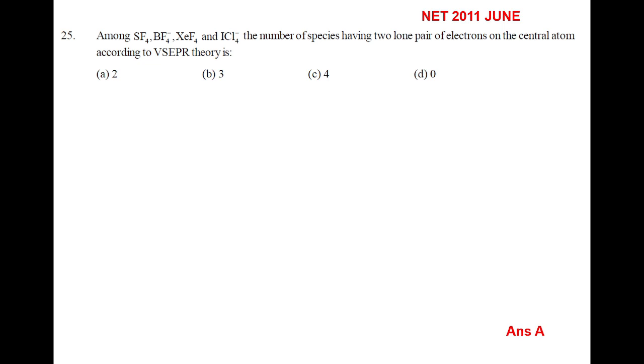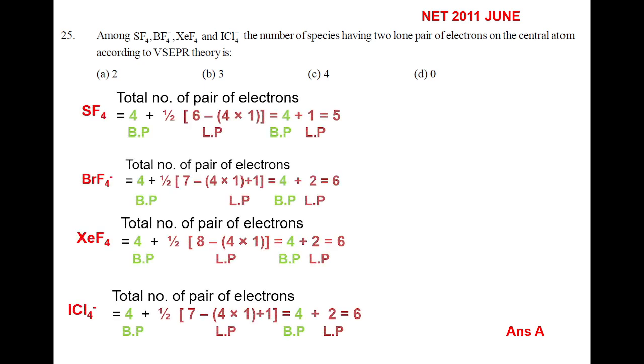For that you have to calculate the number of bond pairs and lone pairs of electrons present in individual molecules. In SF4 we have 1 lone pair, in BrF4 minus we have 2 lone pair, in XeF4 we have again 2 lone pair, in ICl4 minus we have 2 lone pair. So 3 molecules contain 2 lone pairs of electrons.